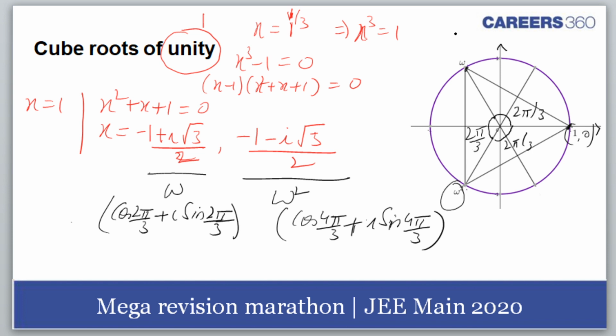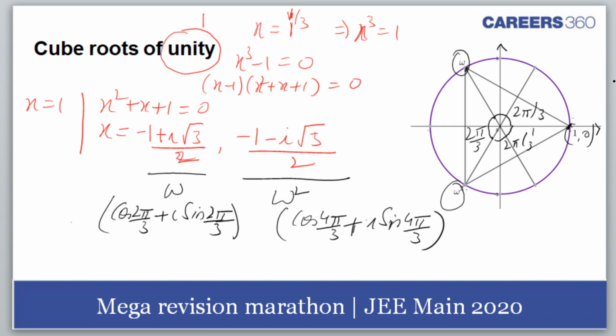This is omega square, this is omega, this is 1. So cube roots of unity when plotted on an Argand diagram represent the vertices of an equilateral triangle, and they all lie on a unit radius circle. You can see it lies on the circumference of the unit circle. The radius is 1 only.